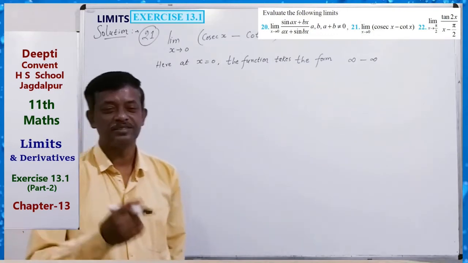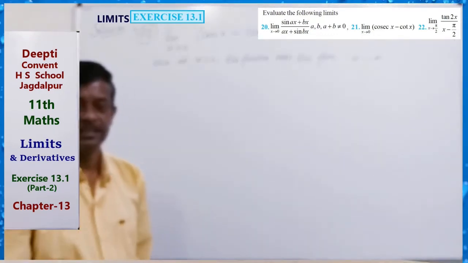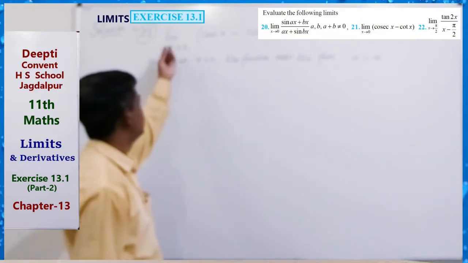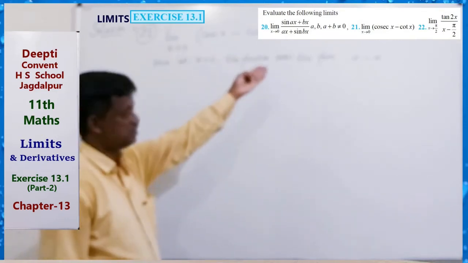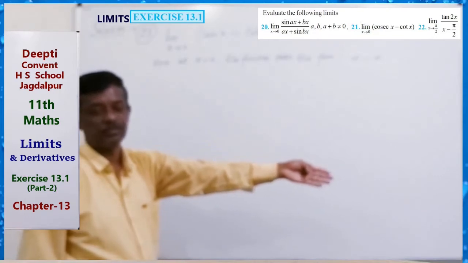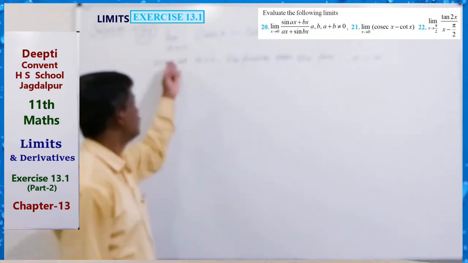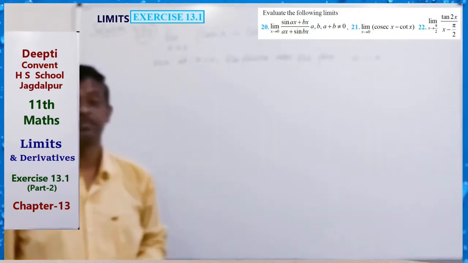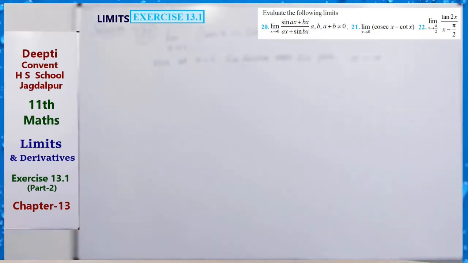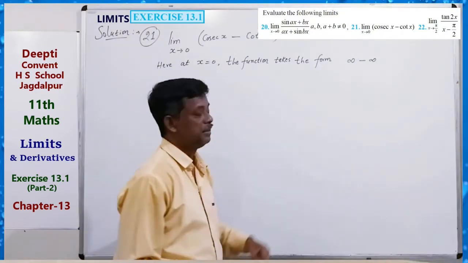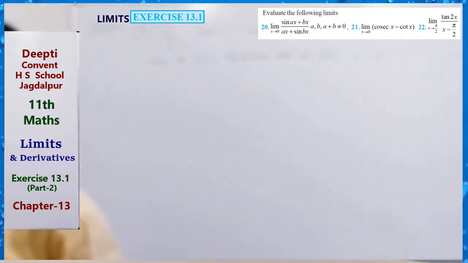So we will use some procedure so that we can find a definite value by using the standard formulas related to trigonometric functions at x equal to 0. Here we can write cosec x as 1 by sin x, and cot x as cos x by sin x.